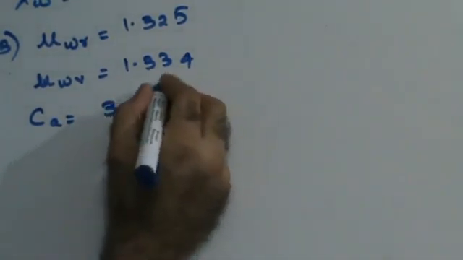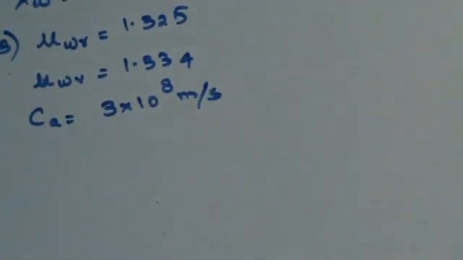Find the difference between the velocities of these two colors in water. Find the difference between the velocity of these two colors in water. Given velocity of light in air is 3 into 10 raised to 8 meters per second.